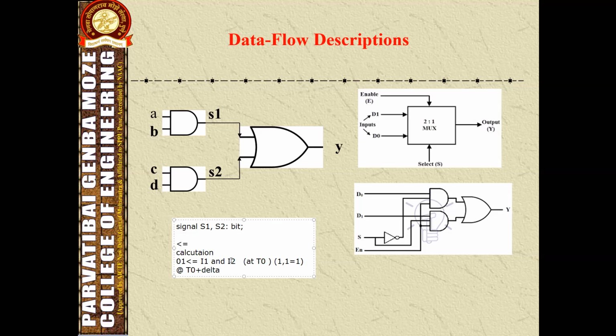Whatever values are present at these two terminals, they perform the AND operation, but still at time 0 they are not assigned to O1. They are going to be assigned in the assignment phase.